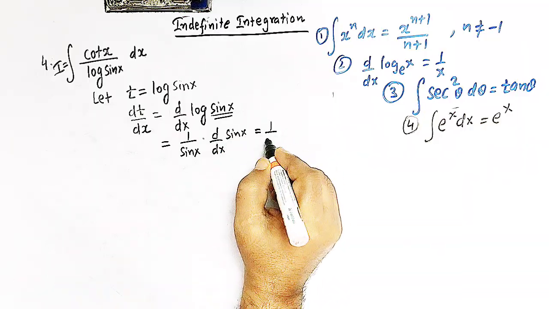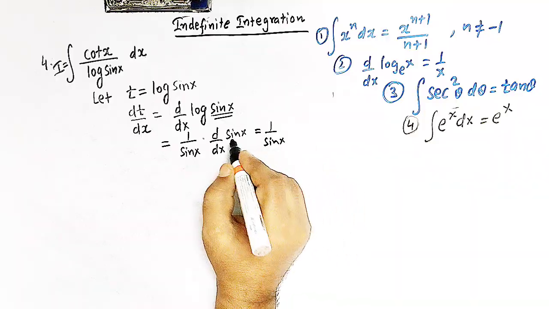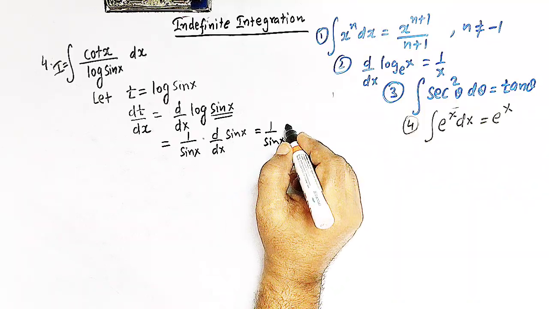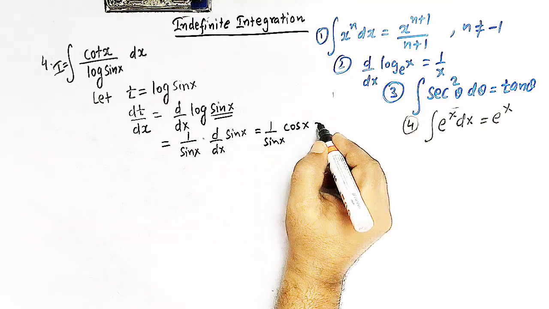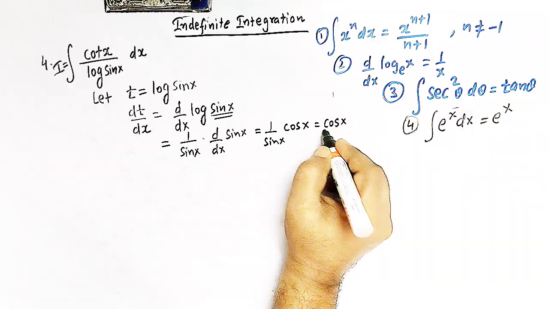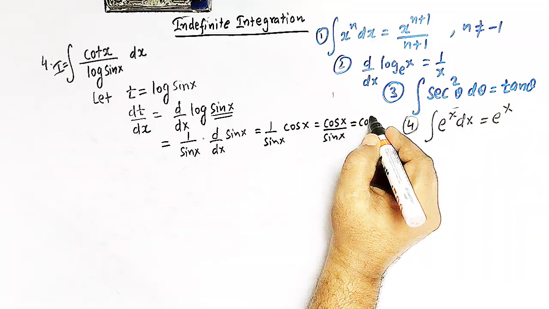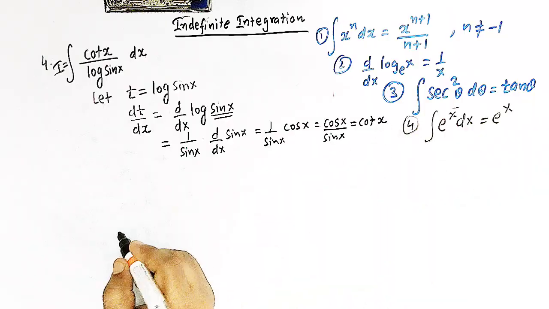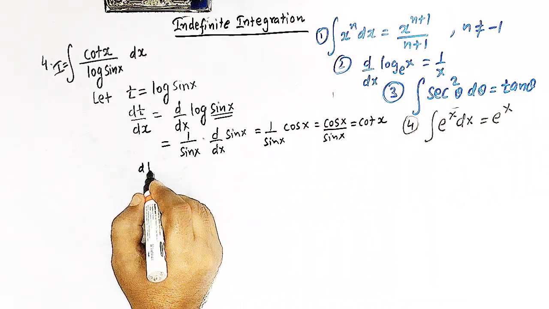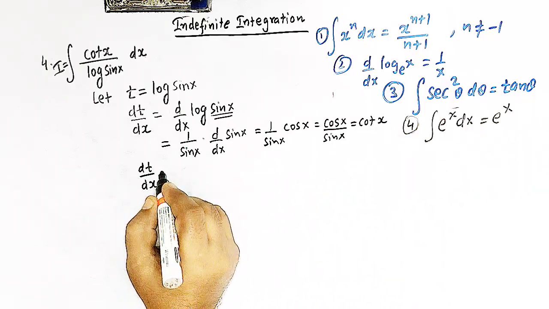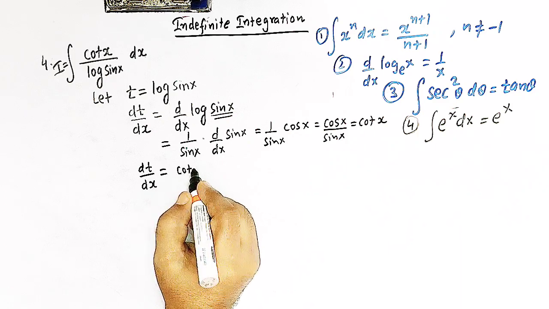The derivative of sine x is cosine x. So this is cos x over sine x, that is equal to cot x, right? So now we have dt over dx is equal to cot x.